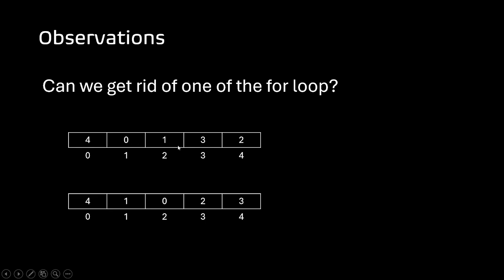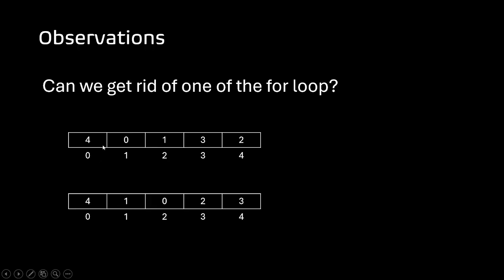What I can do is check if there is any common element between the left parts of both of these arrays. 1's left in nums1 has 4 and 0, and in nums2 it has only 4.